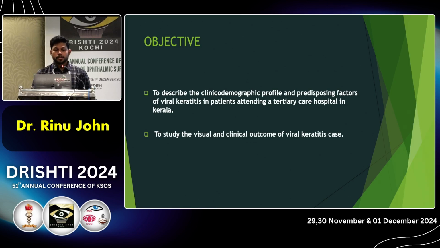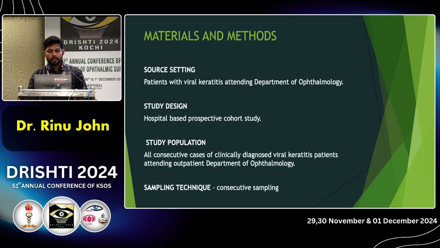The objective of the study is to describe the clinical demographic profile and predisposing factors of viral keratitis in patients attending a tertiary care hospital in Kerala, and to study the visual and clinical outcome of viral keratitis cases. Methods: the source setting was patients with viral keratitis attending the Department of Ophthalmology. Study design: hospital-based prospective cohort study.